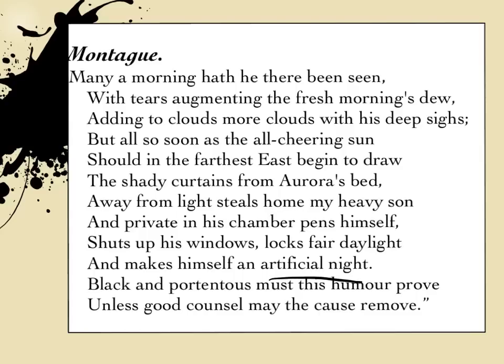And Montague is quite concerned for his son. But I want to draw your eye here. Right, should in the farthest east begin to draw the shady curtains from Aurora's bed. Aurora is the Roman goddess of the dawn.